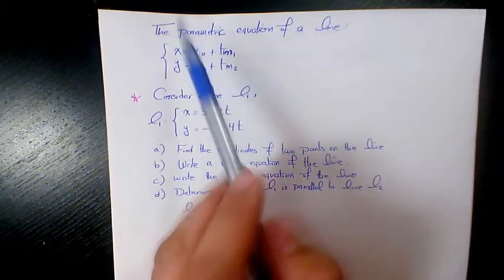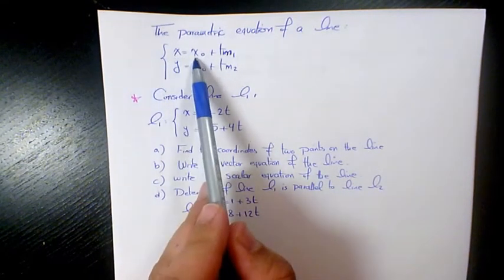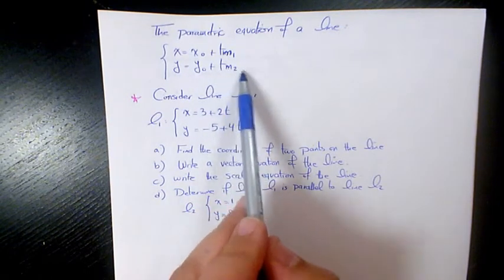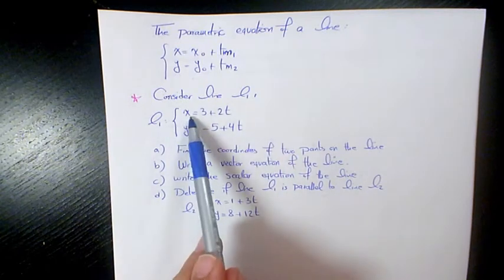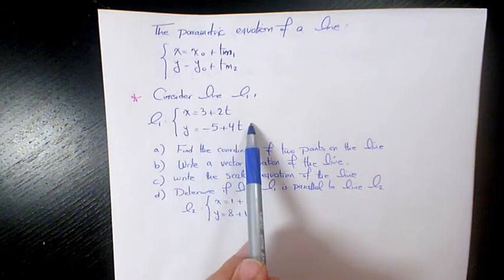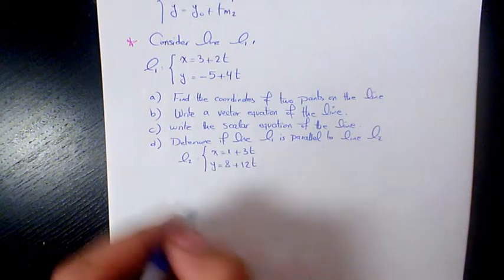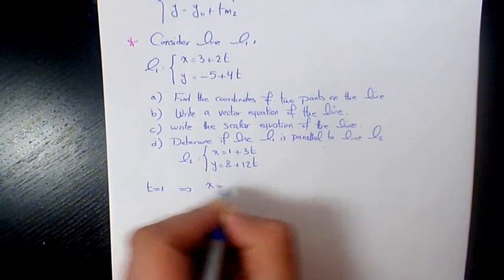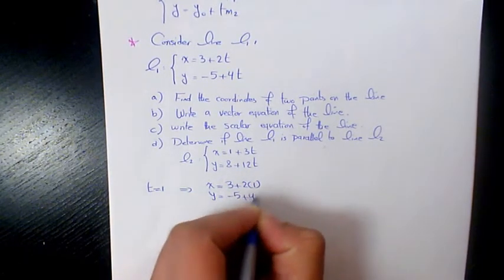We also have a parametric equation of a line, which we write in this form: x equals x naught plus t times m1, y equals y naught plus t times m2. Consider line L1, which is x equals 3 plus 2t and y equals negative 5 plus 4t. First, find the coordinates of 2 points on this line. If t is 1, x is 3 plus 2 times 1, y is negative 5 plus 4 times 1.